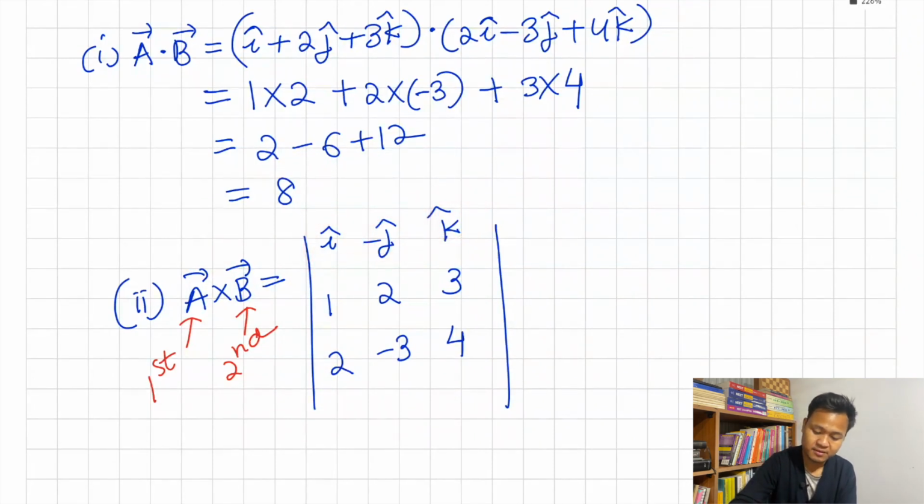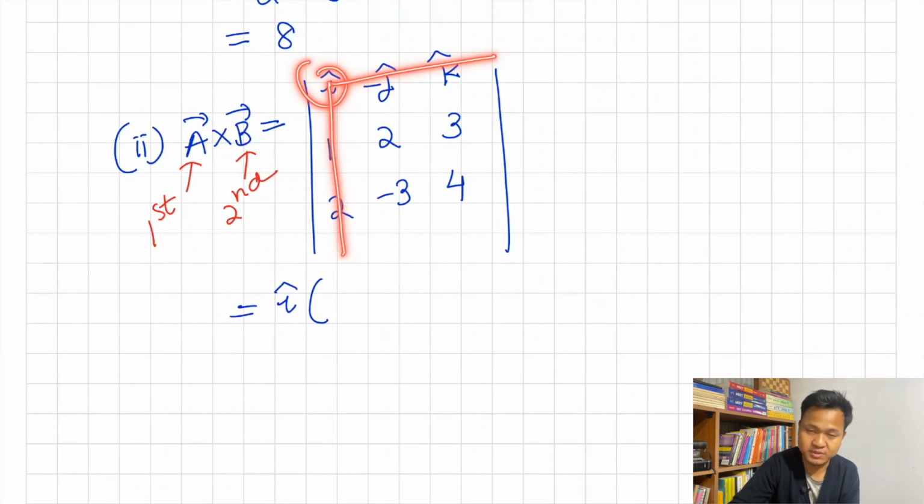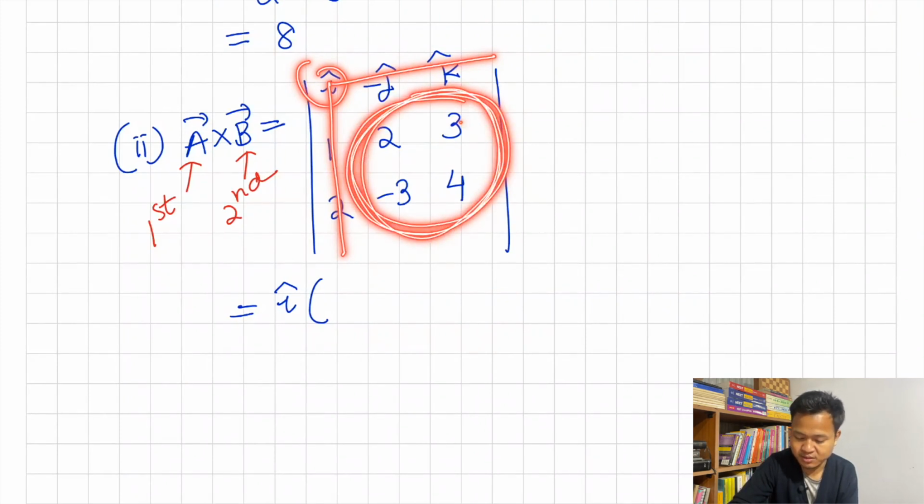Now how do you solve this? First you take i. When you take i, this row and this column should be eliminated. Don't consider those. What you consider is this remaining part, and always start from the top left.